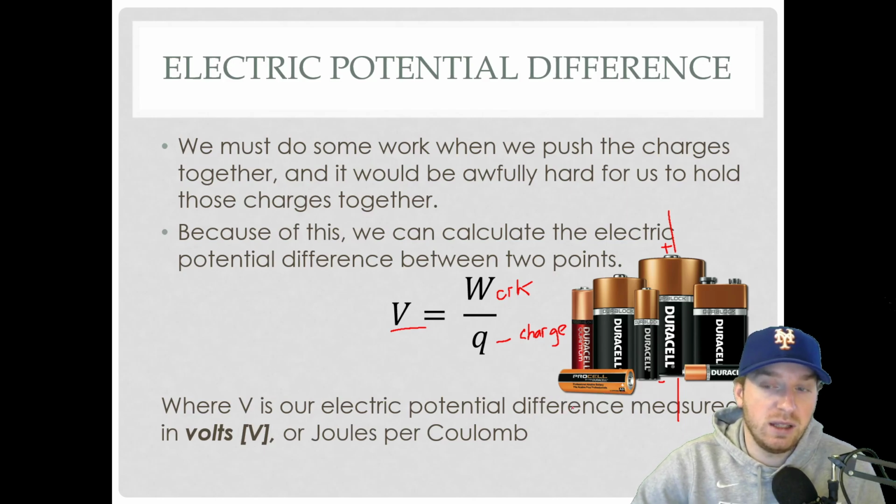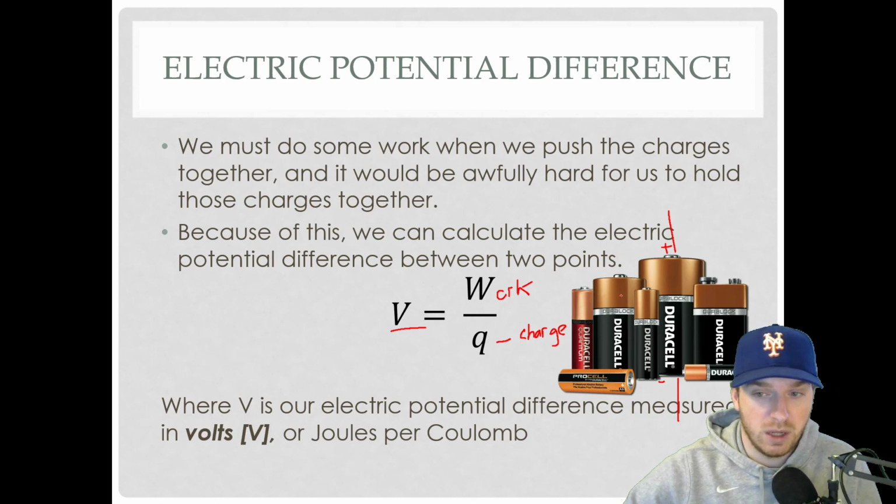And I asked you in the daily discovery, what is the difference between these two? Notice the actual kind of crazy part is a AA battery, a C battery, a D battery. These are actually all 1.5 volts. No matter what, even though this battery is bigger, it's actually the same voltage.